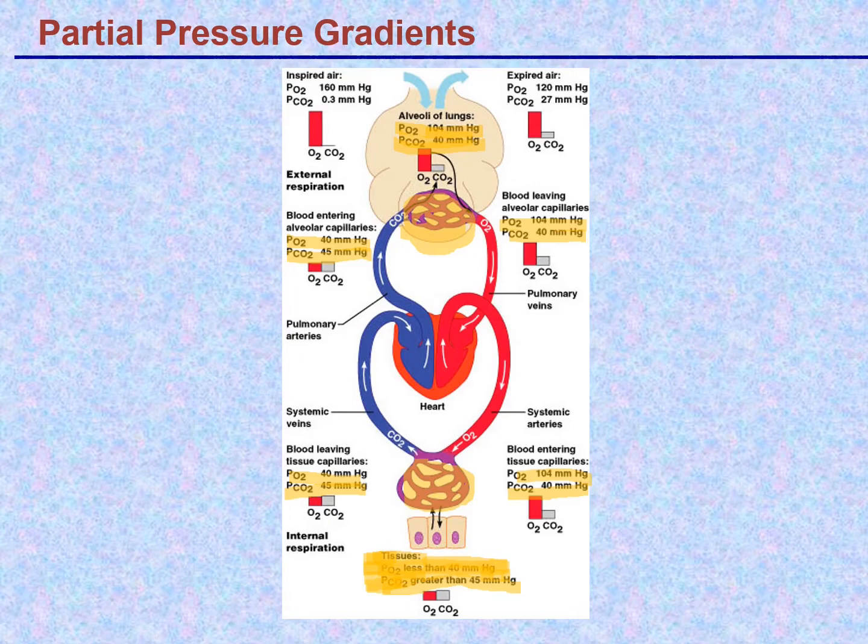So 104 for oxygen and 40 for CO2, and then down here it changes to 40 for oxygen or lower, and 45 for CO2 or higher. Higher CO2 if you're very, very active, the cells are very active, generating a lot of energy.